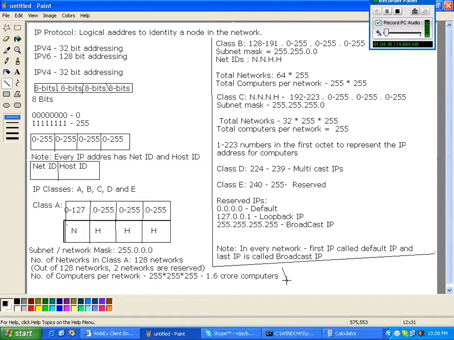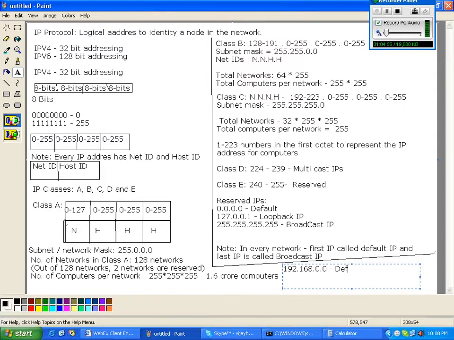So how can I, for example, check this here? See, my network is 192.168.0.0.